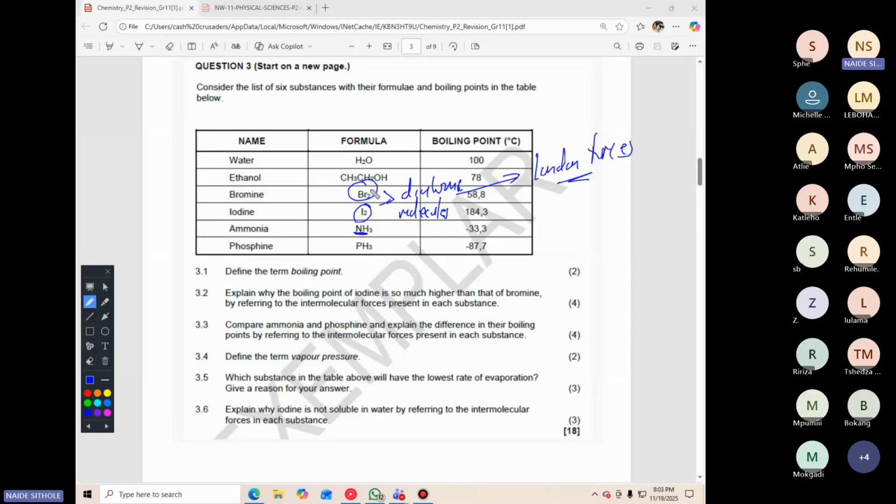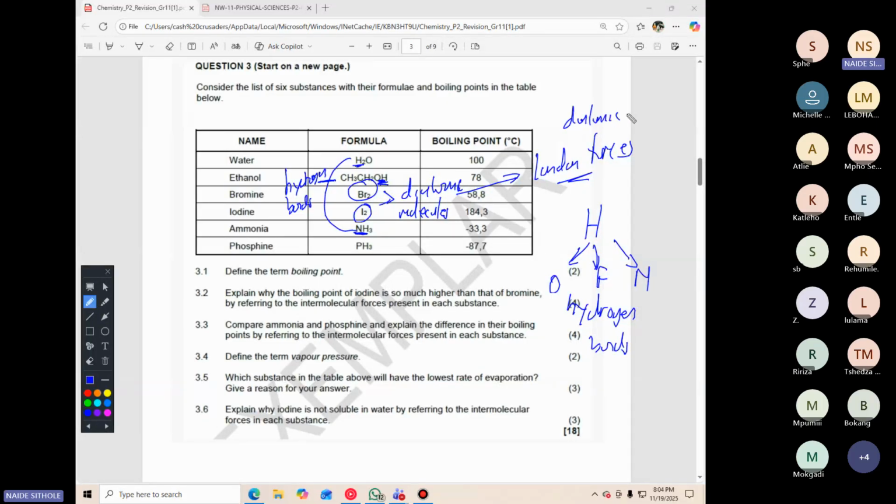Then NH3 and H2O, these ones have hydrogen bonds. So basically, if you see a hydrogen bonded to an oxygen, a fluorine, or a nitrogen, the type of intermolecular forces present there are hydrogen bonds.